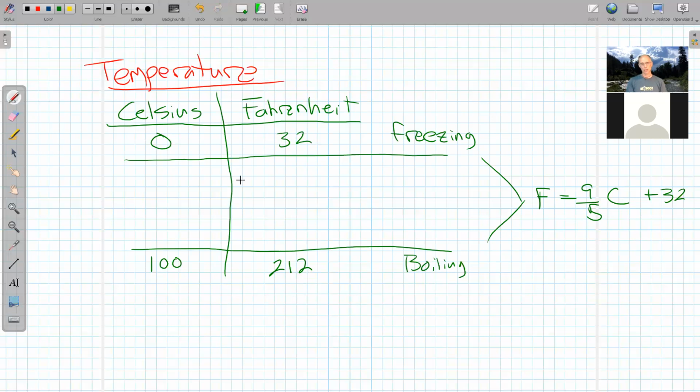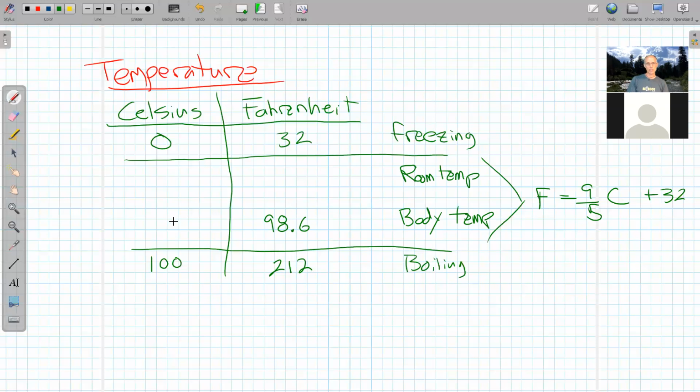and boiling. Kind of in between these two, some other nice things to know are room temperature and body temperature. Body temperature we believe to be about 98.6. I think on average lately it's lower than that for most people.